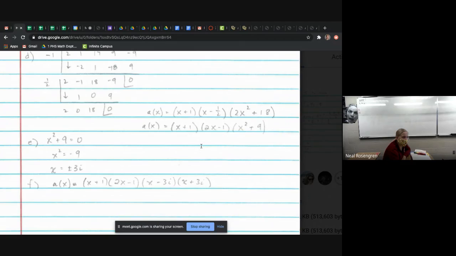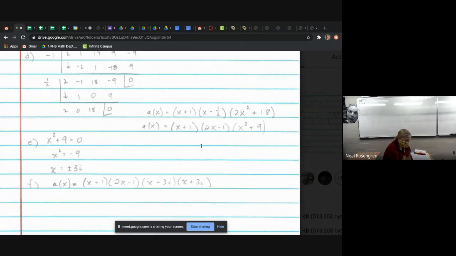Or you say, you know what, this 2 can get multiplied into any of those factors to help me eliminate fractions. That's what I did from this first line on the right here, a of x, down to the second line: I took that 2 that I recognize as being a common factor, and I pulled it out of a factor that it didn't need to be in.